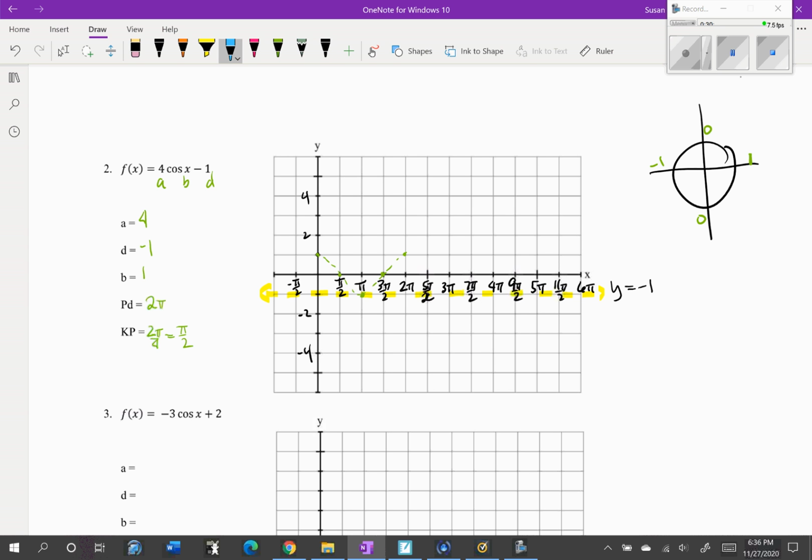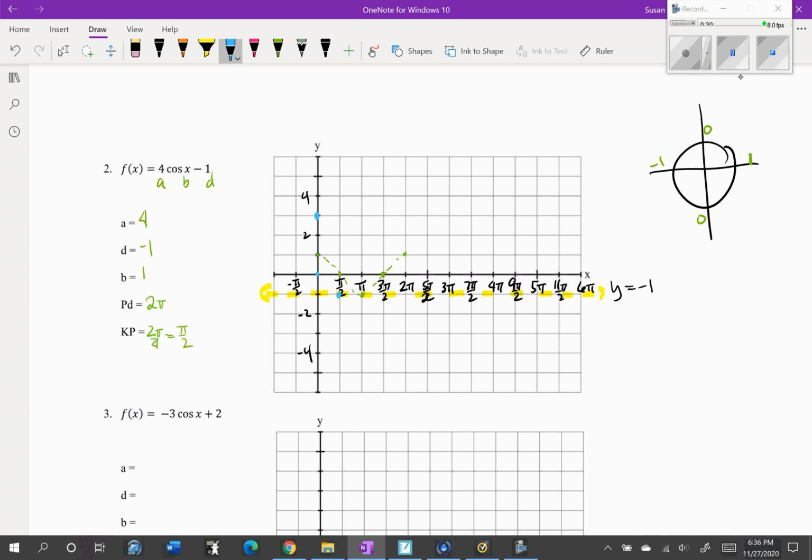And my graph is moving down 1, but from our amplitude, it's changing to 4. So if I move this green point down 1, we'd be right here, but my amplitude is changing to 4, so that means I need to count up 4 from my midline, so that would be 1, 2, 3, 4, so here. This point was on the original midline for the parent graph, so that just moves down 1, stays on the midline.